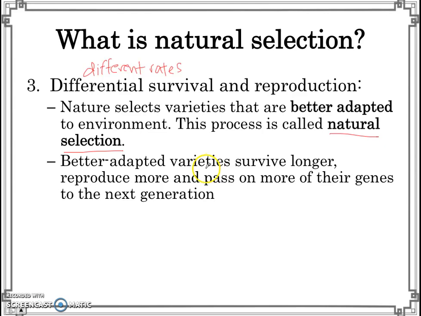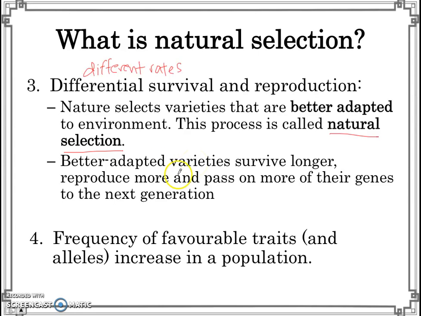For example, the dark moths were able to survive longer, they were able to reproduce more, and they were able to pass on more of their genes to the next generation. So as a result, in the next generation, you will see an increase in the frequency of favorable traits. So for example, in the moth, in the next generation, you would see an increase in the frequency of dark moths and also an increase in the frequency of the allele for dark color.